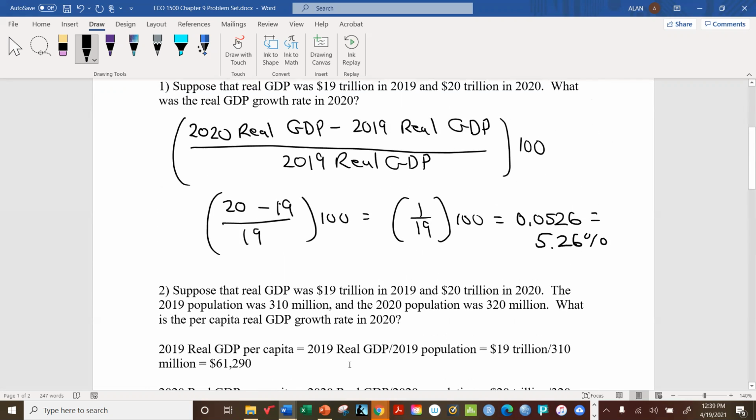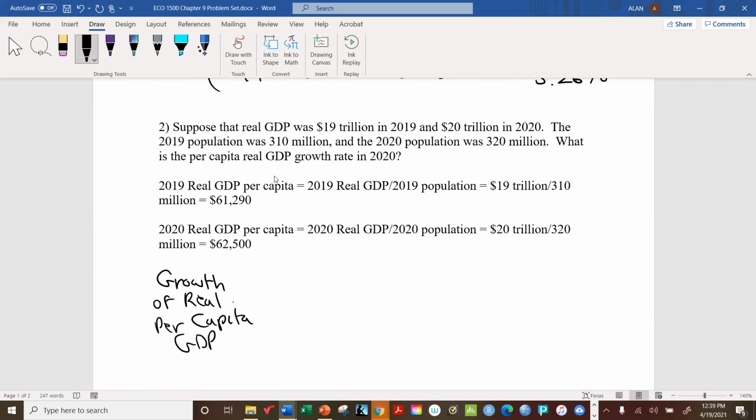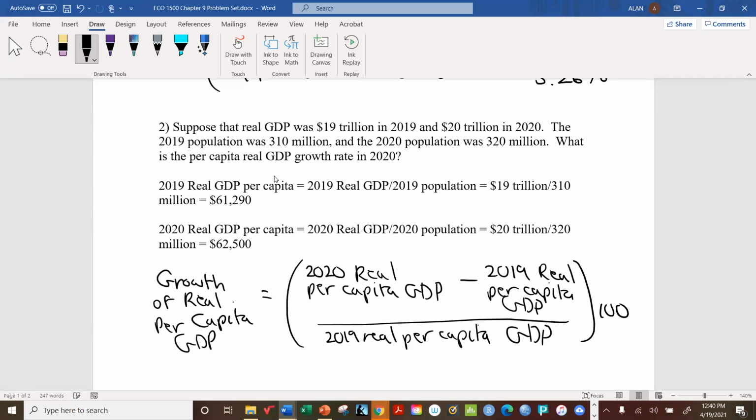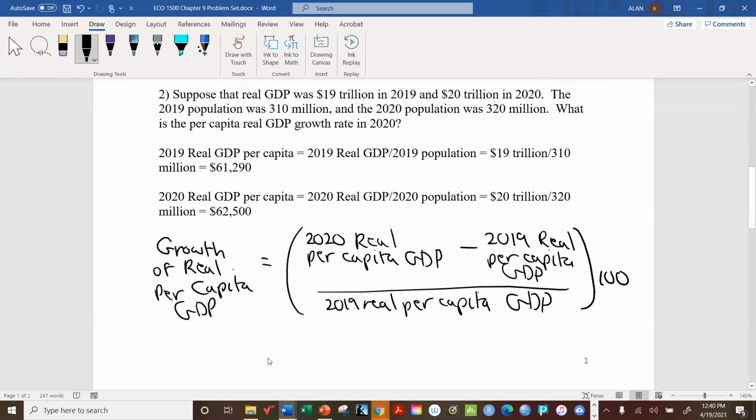As you can see from up here, we're taking 2020 real per capita GDP and subtracting 2019 real per capita GDP, and then we'll divide all of that by 2019 real per capita GDP, times 100.